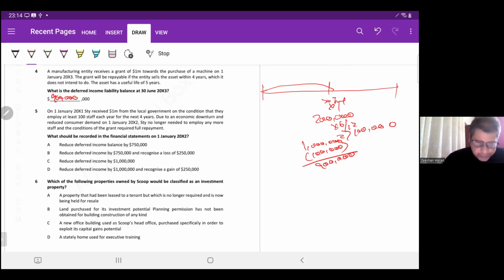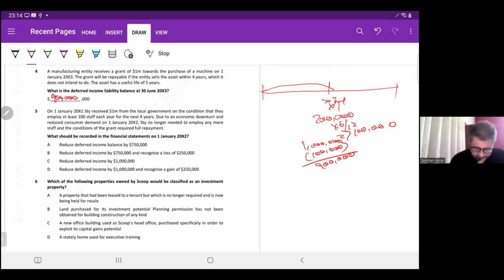Now, on 1st January 20X1, STY received 1 million from the local government on the condition that they employ at least 100 staff each year for the next 4 years. Due to an economic downturn and reduced customer demand, on 1st January 20X2, STY no longer needed to employ any more staff and the conditions of the grant required full repayment.